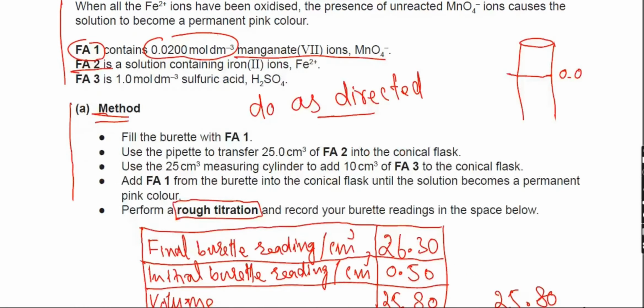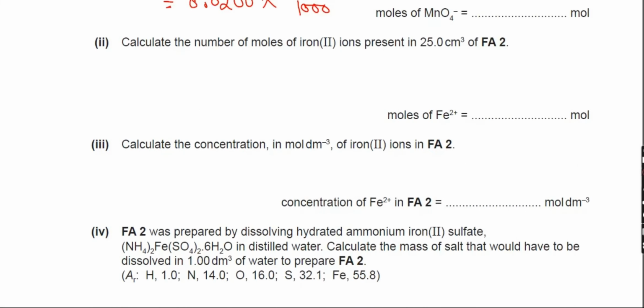So if we use the balanced chemical equation, we can deduce the moles. Okay, so he says calculate the number of moles of iron 2. So we can say iron 2 ions, the ratio is 5, whereas the manganate ions has the ratio of 1.